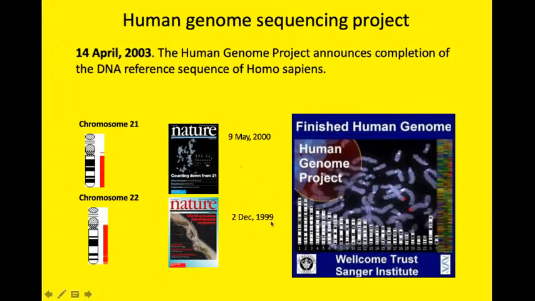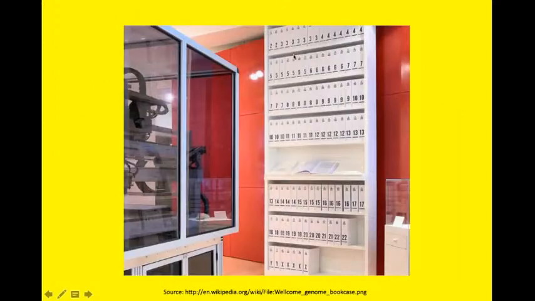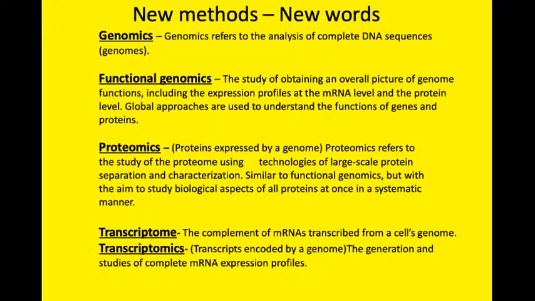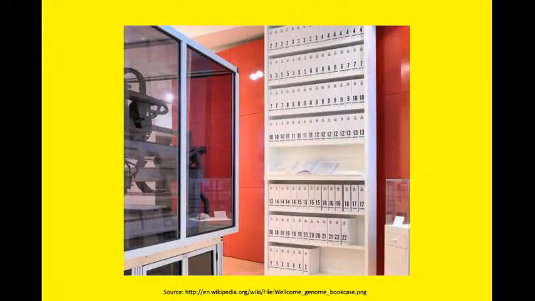This is in 1990, and this is the Wellcome Trust first human genome project. These were the books established in the form of a library. So all 22, all the human genomes were sequenced like this. So we are done with the Human Genome Project.